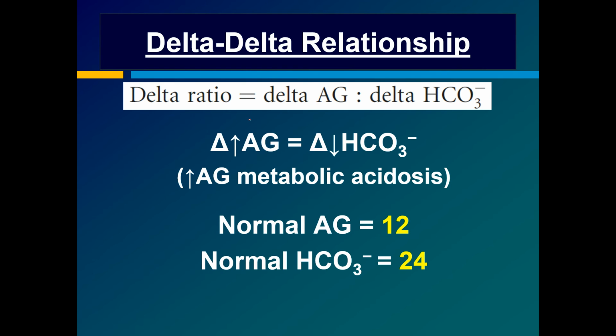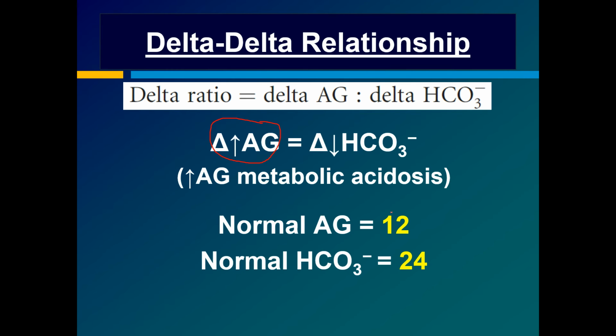If you have an excess of unmeasured anions, whether it's again DKA or lactic acidosis or uremia, you will increase your anion gap from 12 to whatever it may be. So let's just say that you increase your anion gap and it's now 24. You take your sodium and you subtract that from a combination of your chloride and bicarbonate, and you get a value of 24.